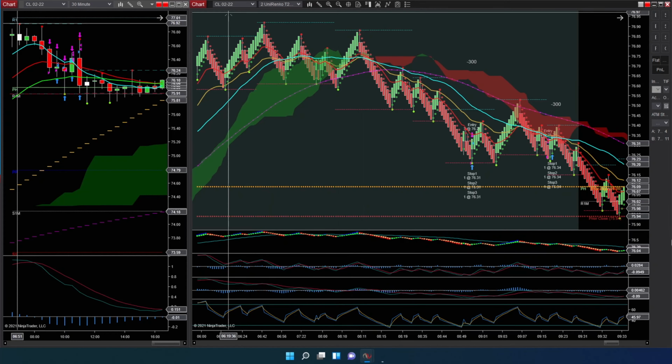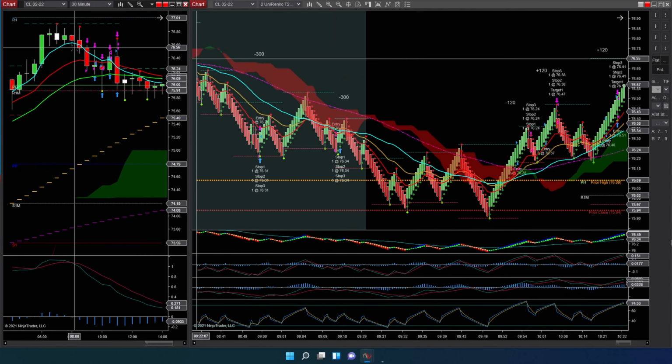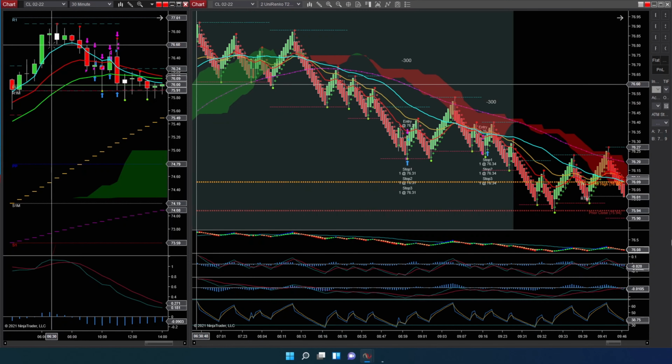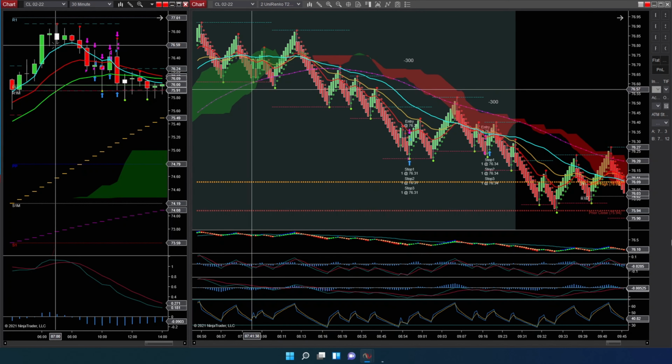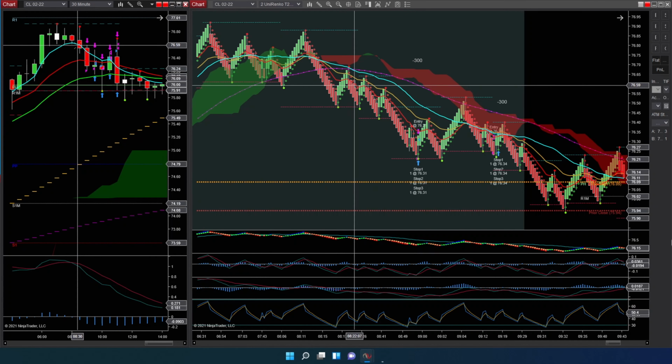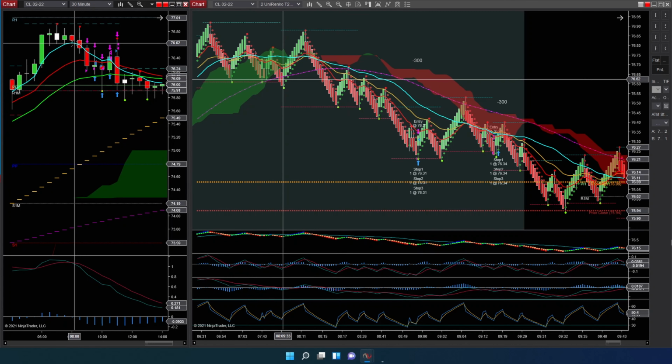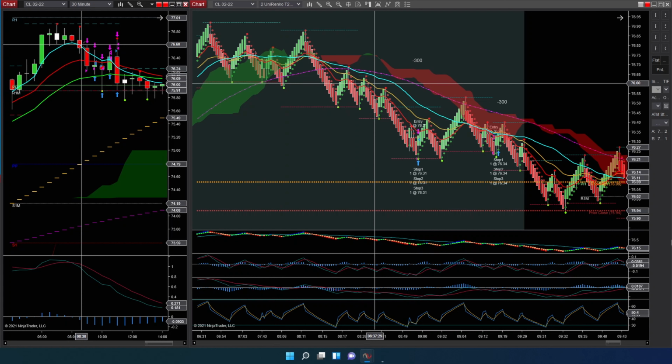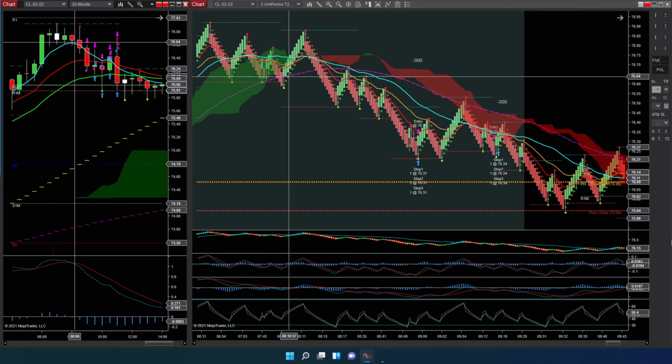The good entry, looking at the 30-minute chart, would have been this channel in the left chart. There was a channel here, a break at 8:30 a.m., and that probably was the good entry, the first one.